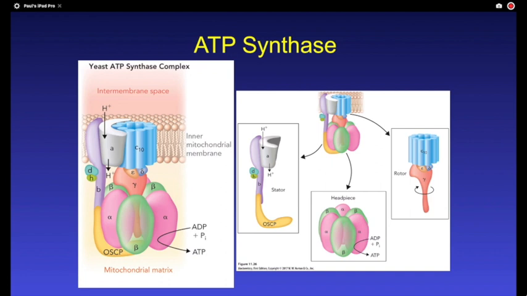And the alpha-beta pairs, once associated with one of those 3 proteins, the delta, the epsilon, or the gamma, will then rotate and interact with the next one, and it'll rotate, and what happens is it goes from one conformational state to a second conformational state to a third conformational state and back to its original as protons go, and so we get this spinning.